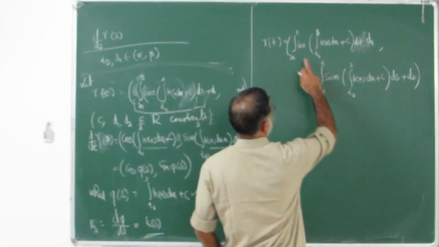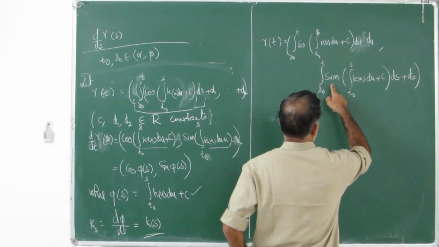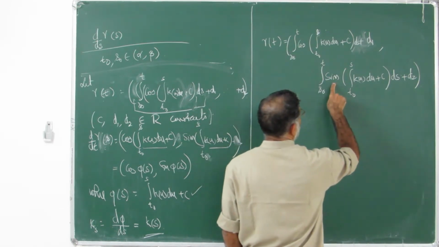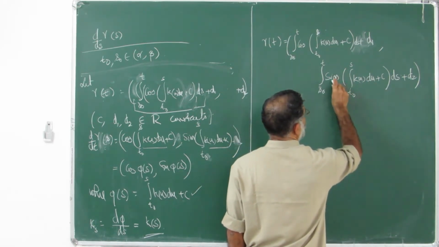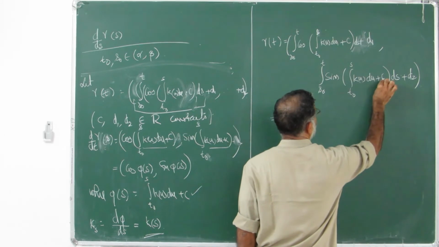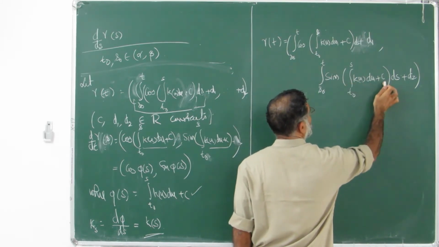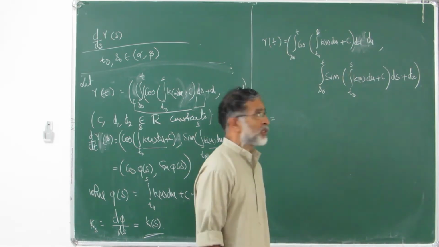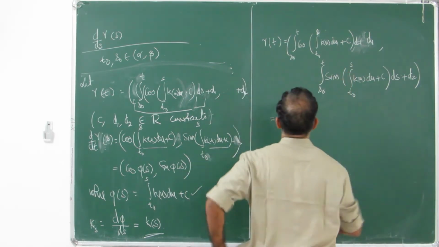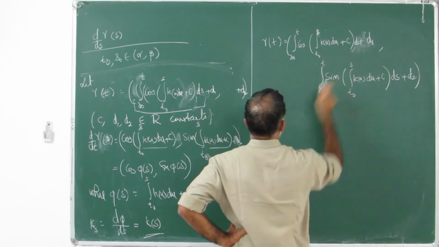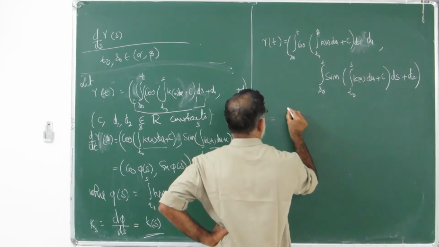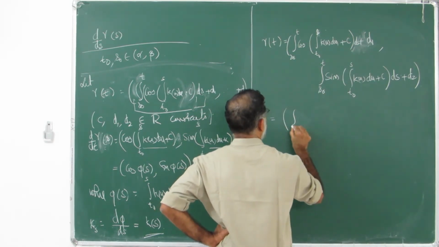What about the other one, sine of a plus b? So sine of this into cos of c, plus cos of this into sine of c. So you leave it. Before that, yes, this d1, d2 I can take out. That is the next step. That is what you should understand.